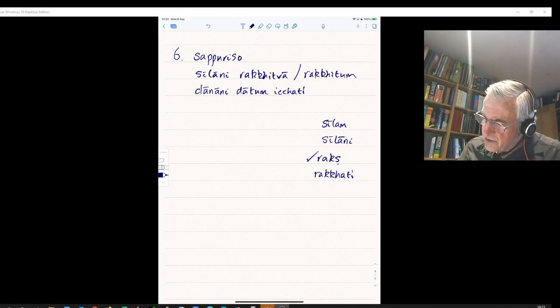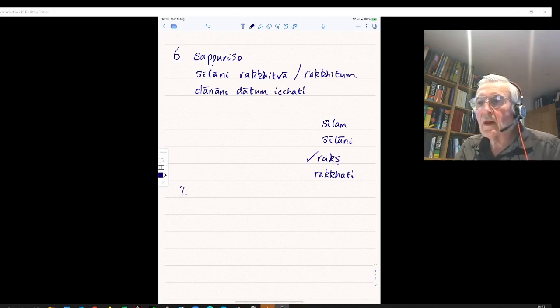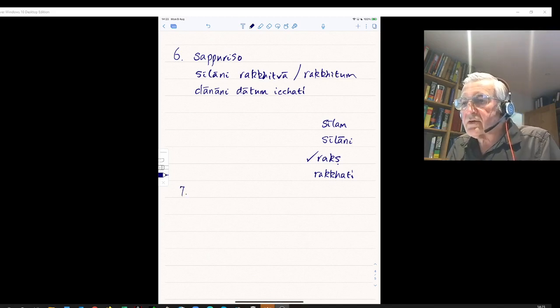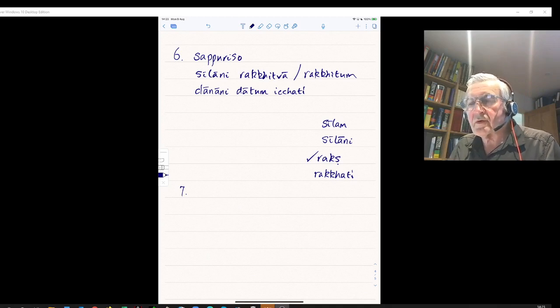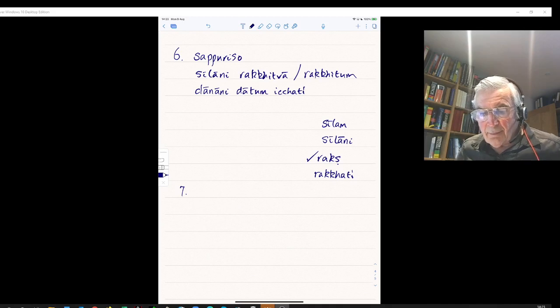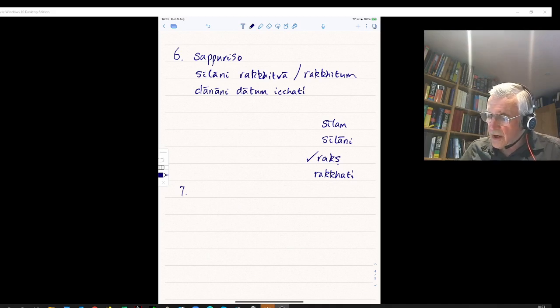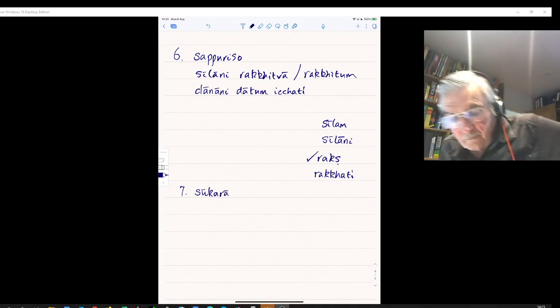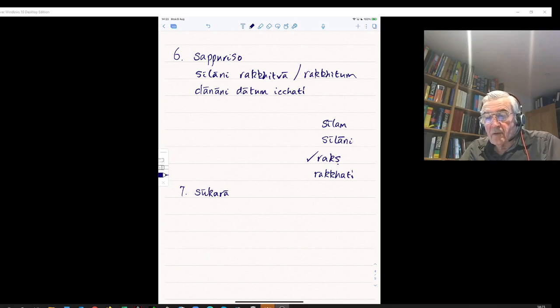Right, sentence number 7. Pigs run from the village to enter the forest. So the pigs, sukara, singular sukaro, plural sukara. So they run, dhavanti.